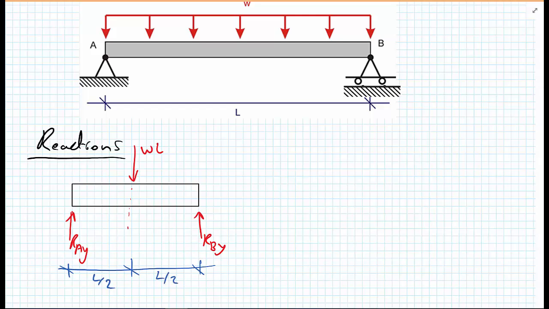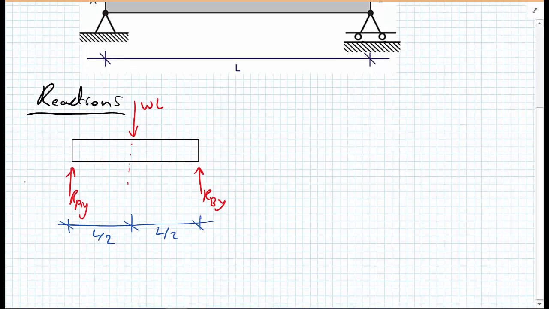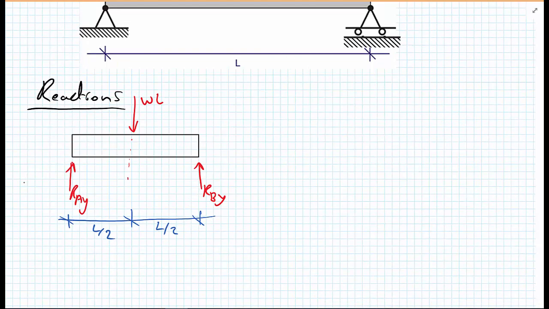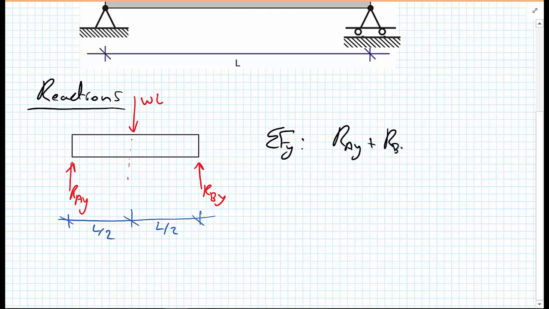Now we sum the forces in the Y direction to calculate these reactions. For equilibrium, R_Ay plus R_By equals W times L pointing downwards.